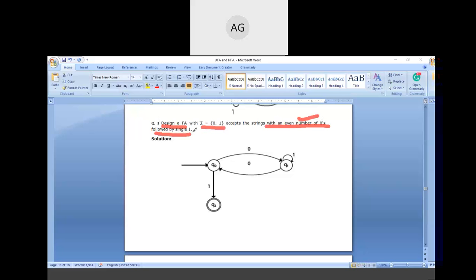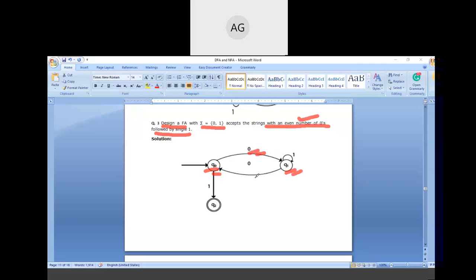As you can see on the screen, we need to start with the initial state q0. Then the condition is that we need to traverse an even number of zeros. On traversing a single zero, we get a state, but this state is not the final state, as we need an even number of zeros.